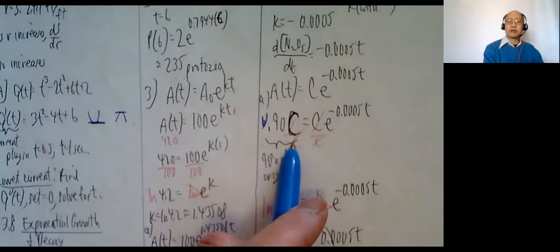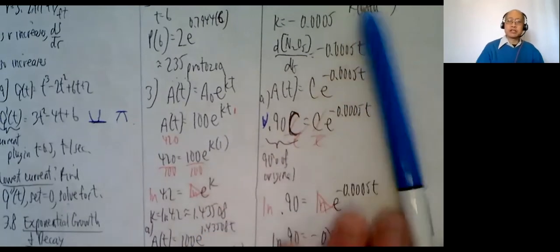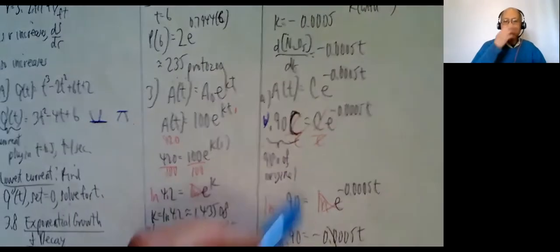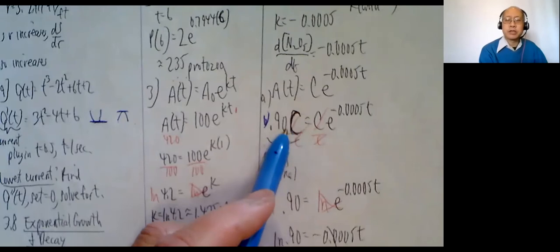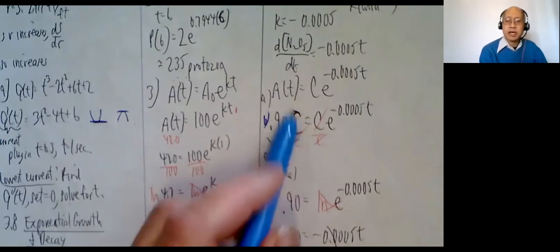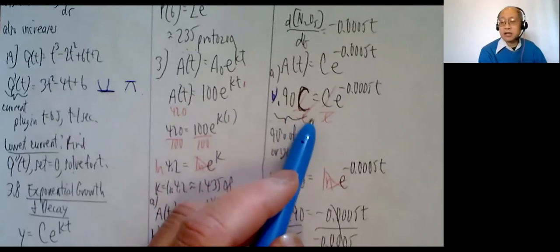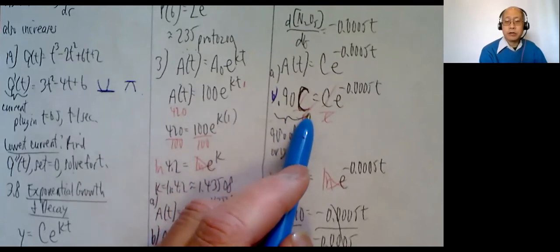You can't divide by 0, but if C is 0, you don't have any of the substance, so there's nothing to talk about. So we'll assume it's non-zero, divide by C, and it all cancels out. For this particular problem, you didn't actually need to know the initial amount.